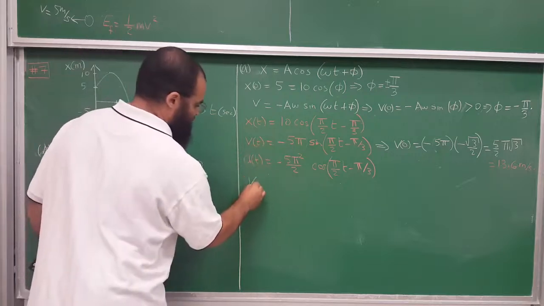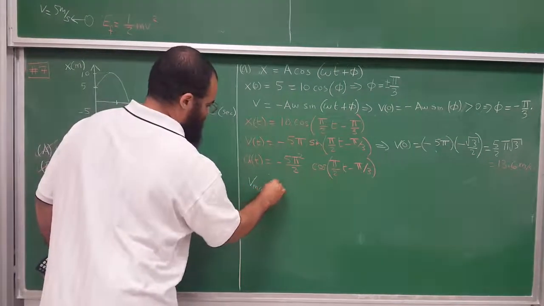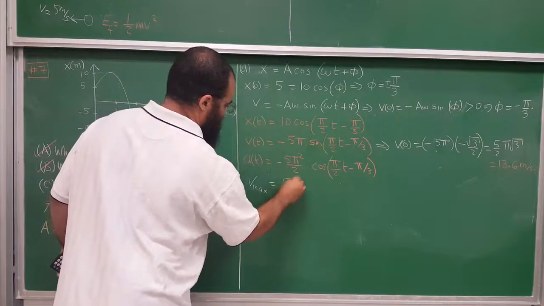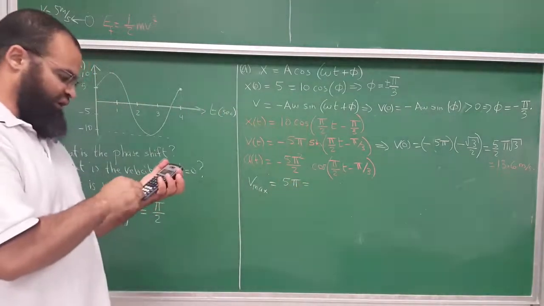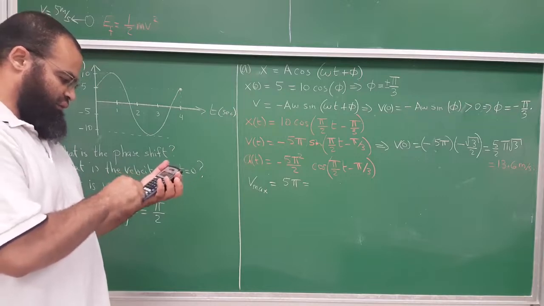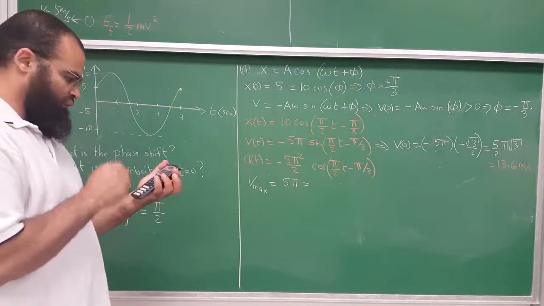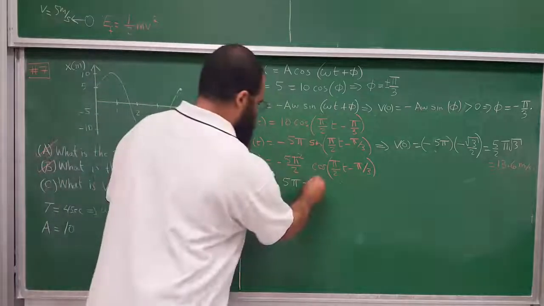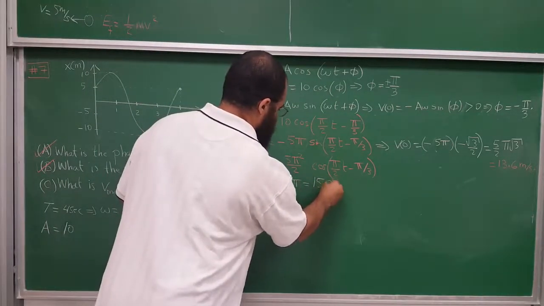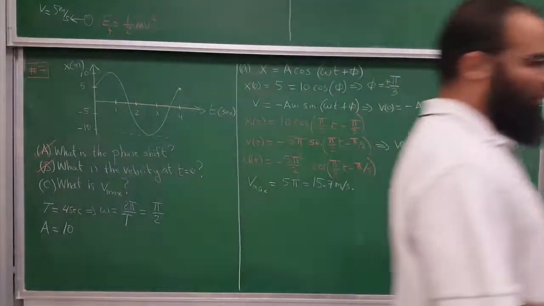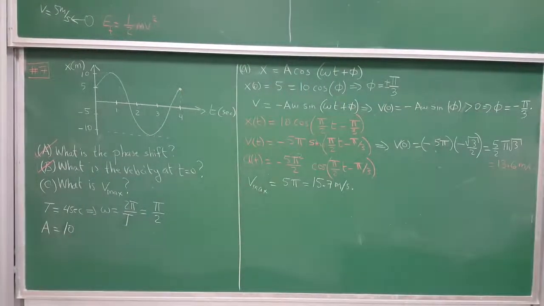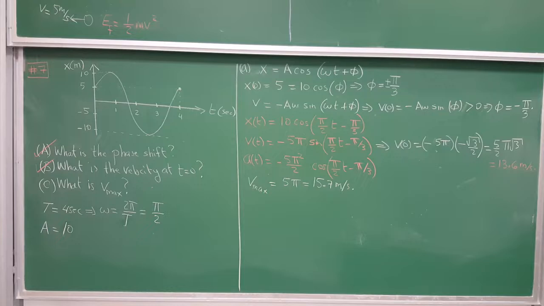So V max is 5 pi. And 5 pi is about 15.7 meters per second. Let me just double check all the numbers to make sure I have not made any mistakes.